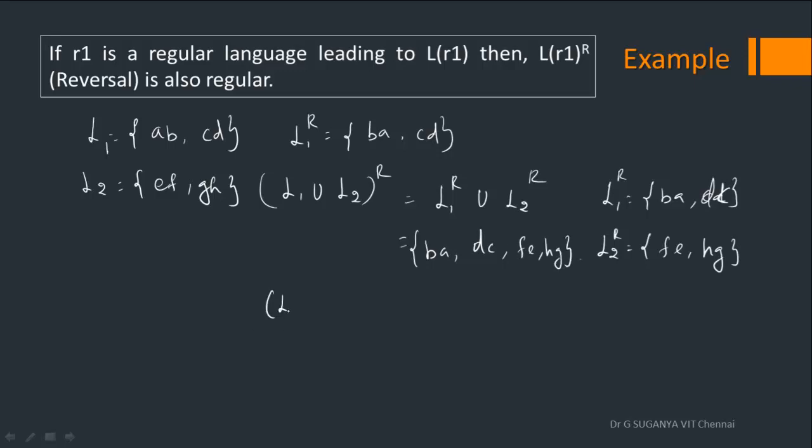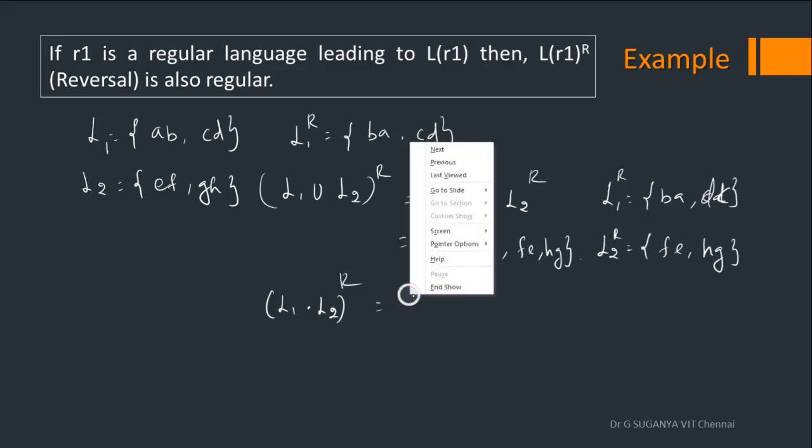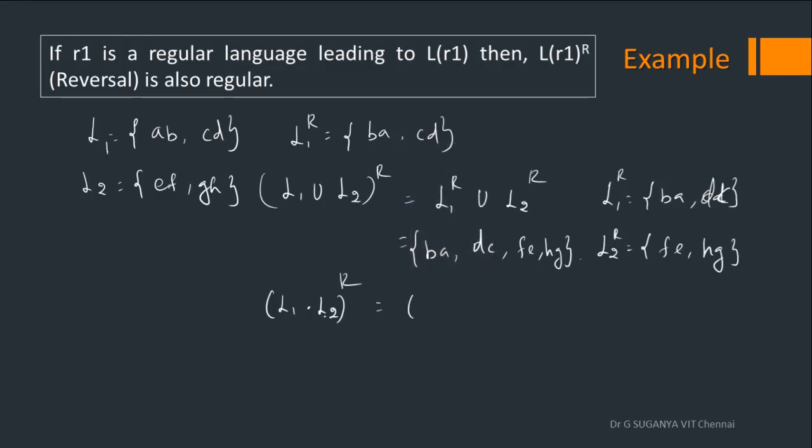Now, what is L1 concatenated with L2, the whole to the power R? Let us first write the strings. What are the strings that we have on concatenation? L1 concatenated with L2. We'll have strings like AB followed by EF, AB followed by GH, then CD followed by EF, CD followed by GH.